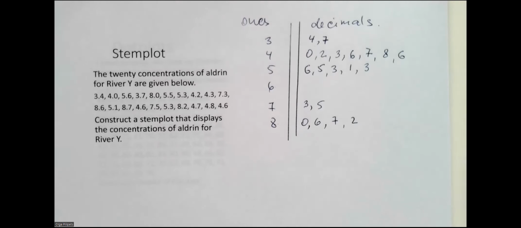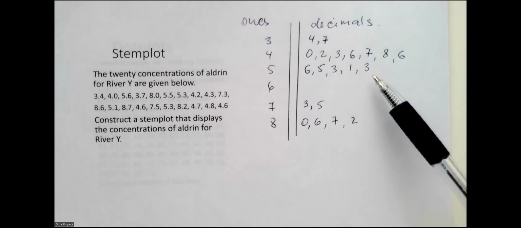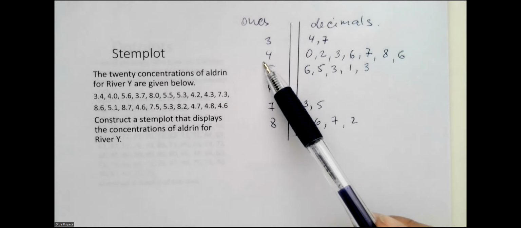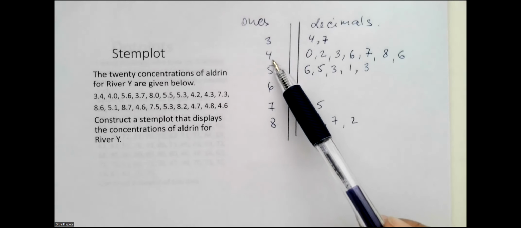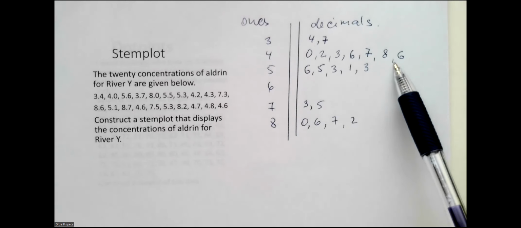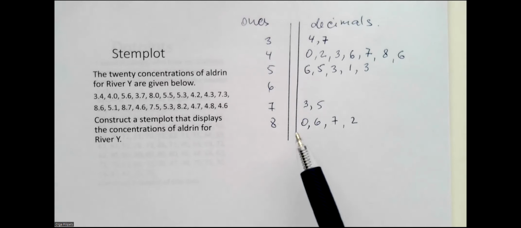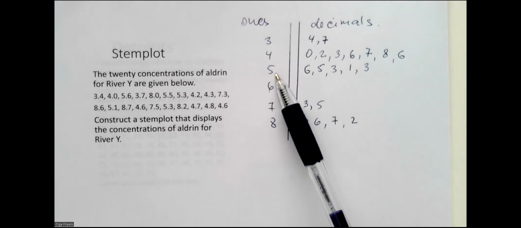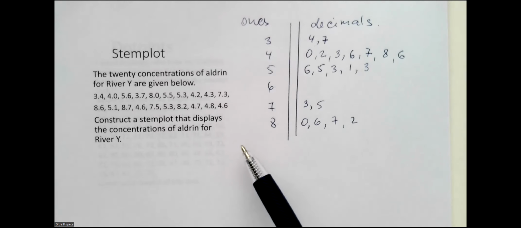So here we go. This is our finished chart, okay? And what I can see from this chart is that the most occurring value is with a stem of 4. So it's 4 point something. That's the most frequent value. The second most frequent is with stem 5.